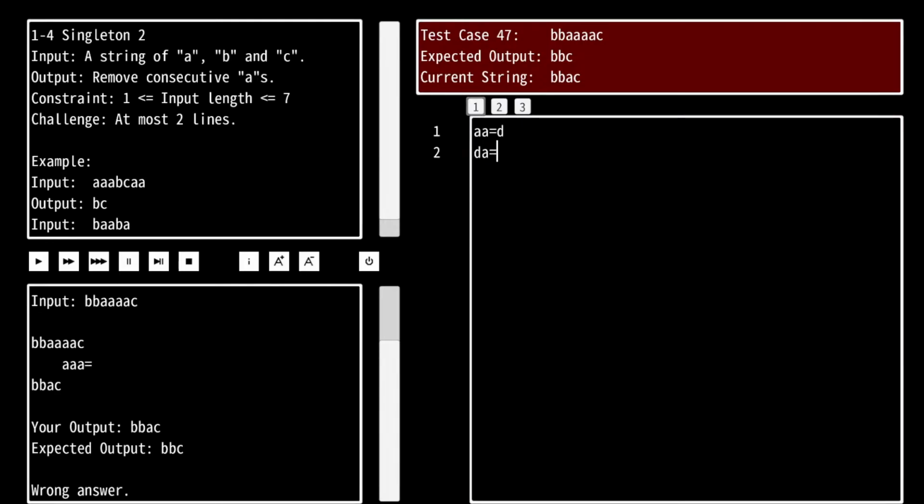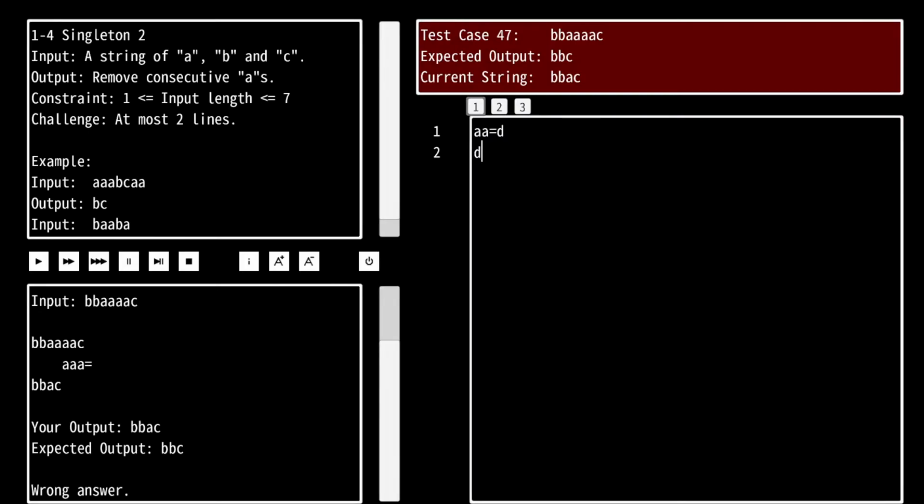Two lines is so tough, though. Sorry, I'm just trying to think.